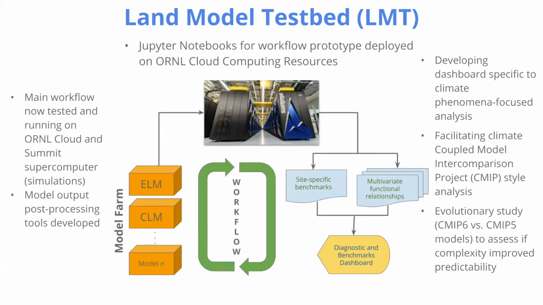The main idea was to develop a workflow that would allow us to execute a collection of land surface models on big hardware like the Summit machine, which is the #2 in the top 500 fastest computers in the world, located at Oak Ridge National Lab.